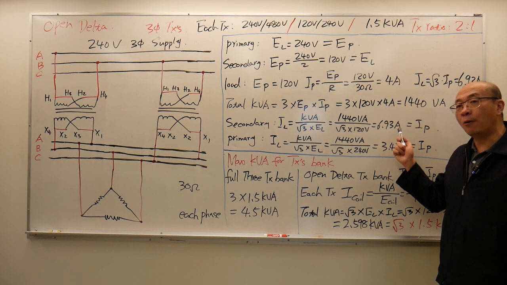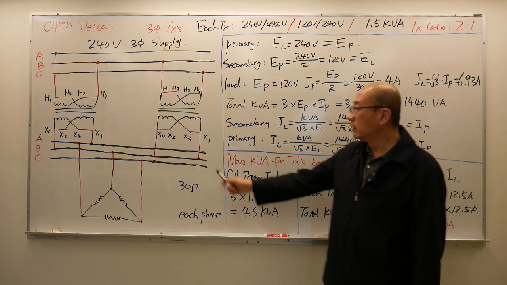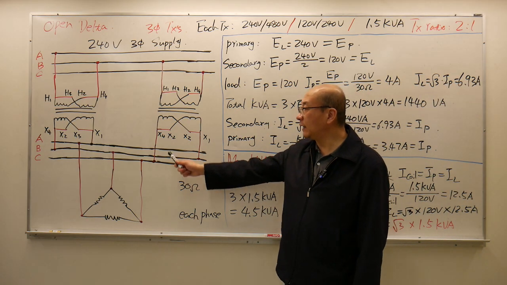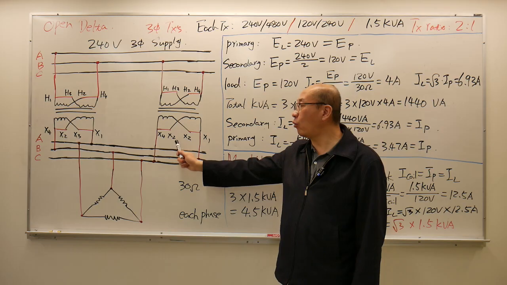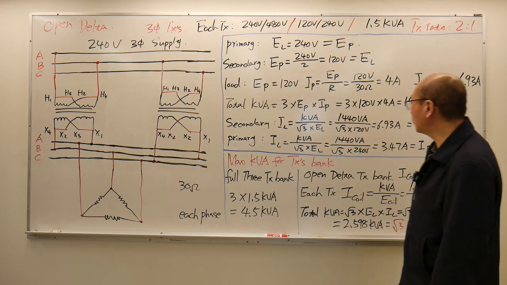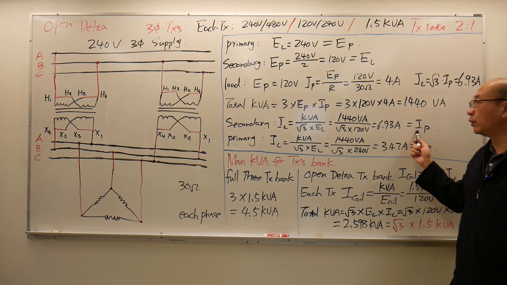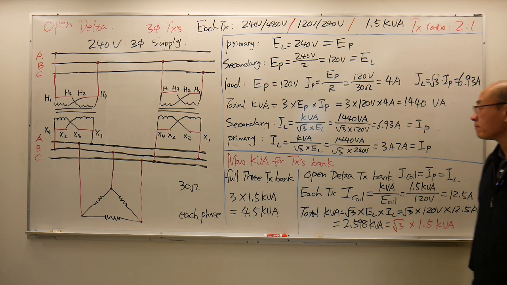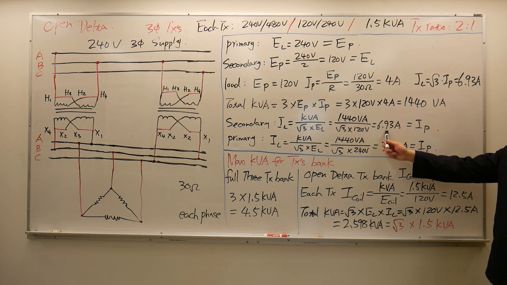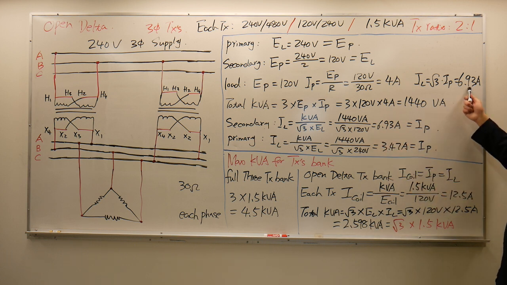And I have an open delta connection, so line C and line A are only supplied by one of the transformers, so the phase current for those transformers is going to equal the line current. You can also see the line current on the secondary transformer side equals the line current of the load.